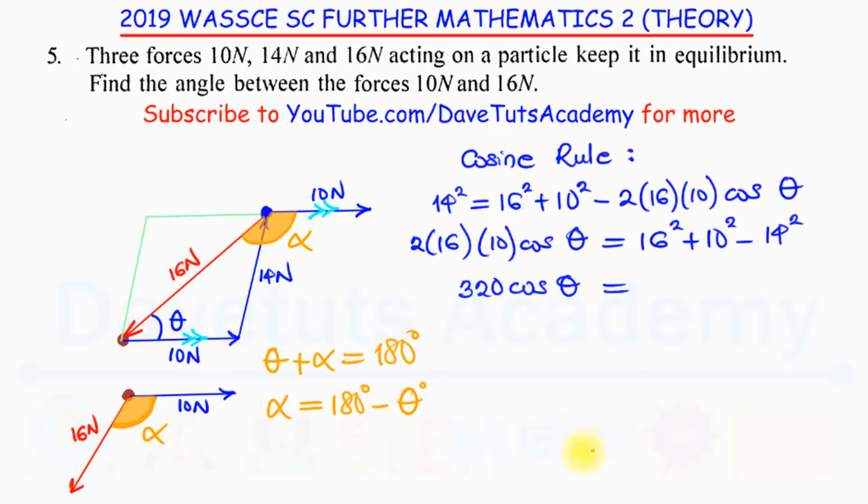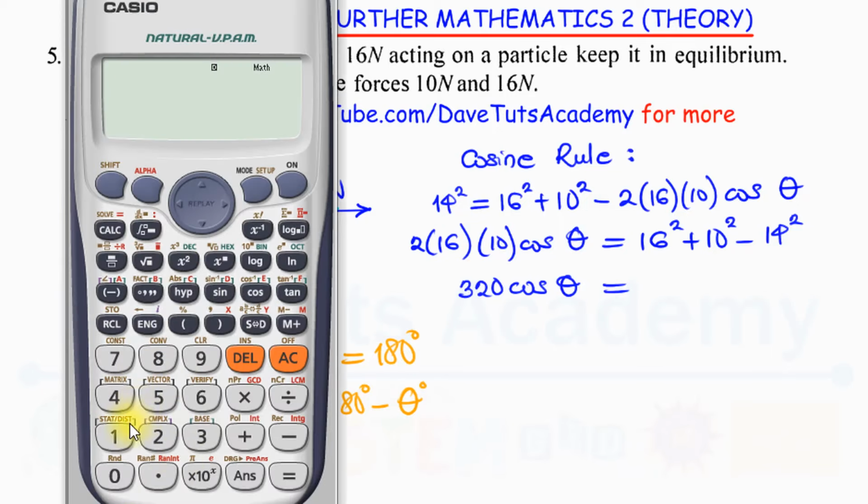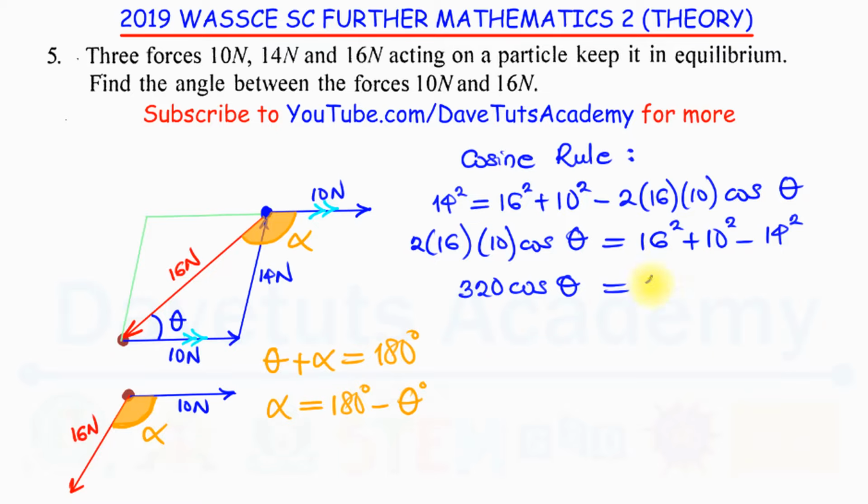Let's just use our calculator for that. So we have 16 raised to power 2 plus 10 raised to power 2 minus 14 raised to power 2. That is 160. And I can just divide both sides by 320.